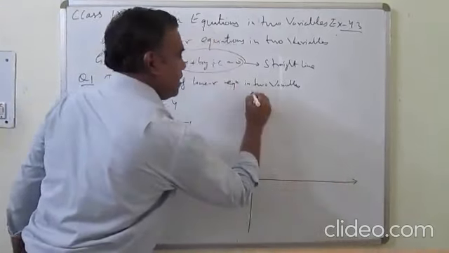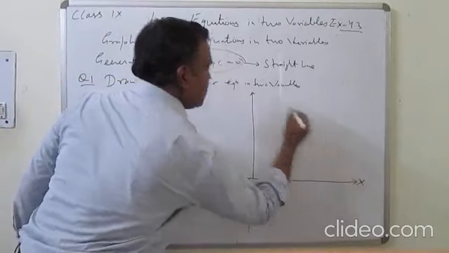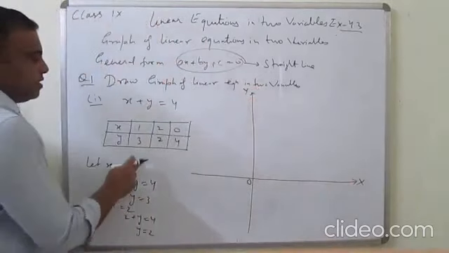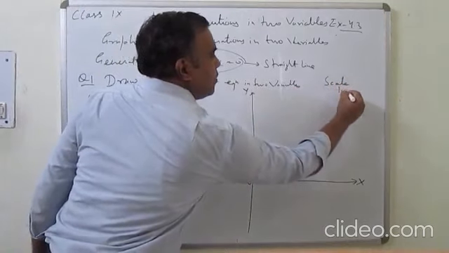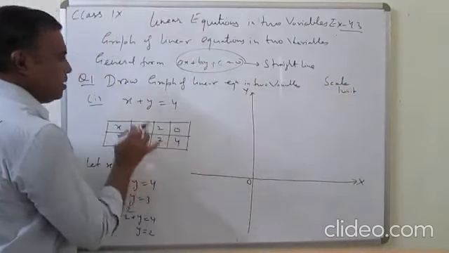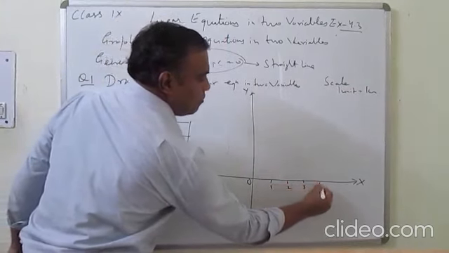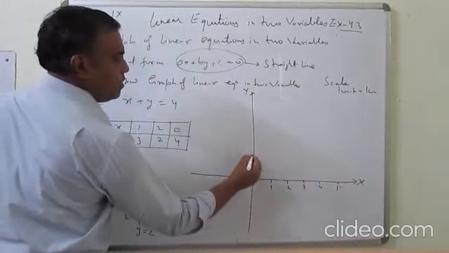Extend the line, it will go into other quadrants. Where these two lines intersect, it is called the origin. This is the x-axis, this is the y-axis. Now for the scale you can take 1 unit equal to 1 centimeter. 1 centimeter को आप 1 unit, 1 2 3 4 5.